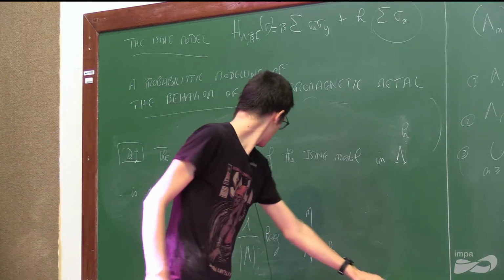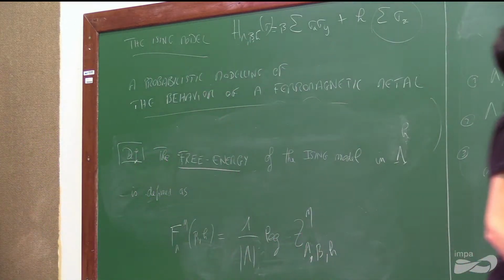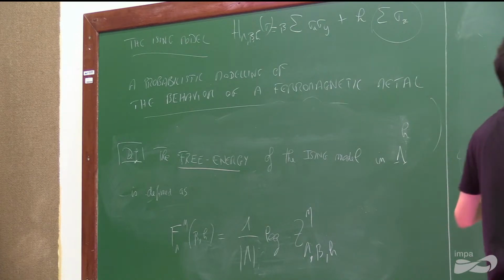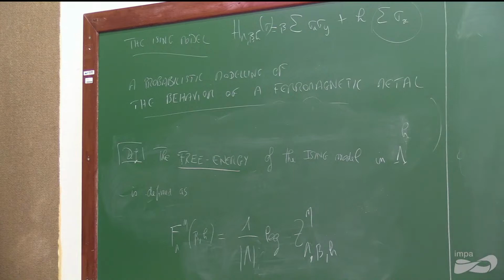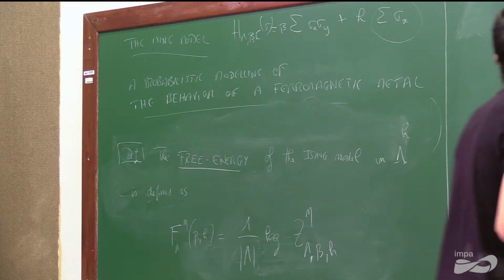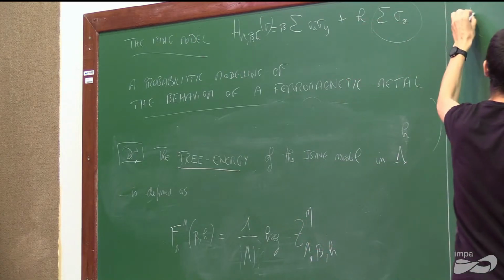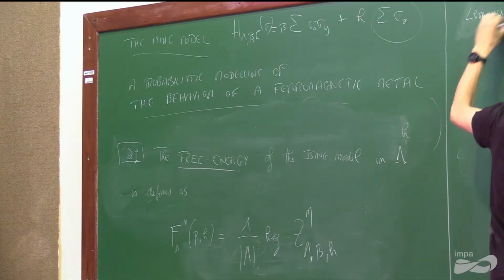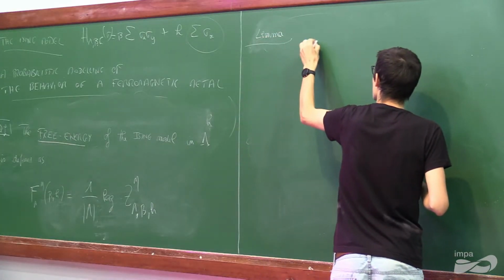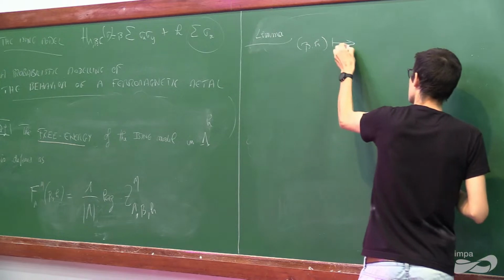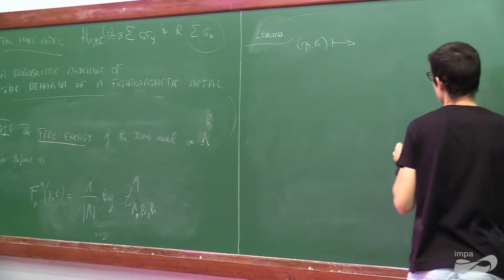The proof I will give you will back my claim that some important information about the system is encoded in the free energy, and thus in the partition function. So, lemma: the free energy is convex in beta and h.